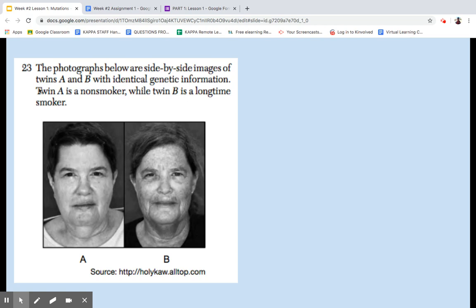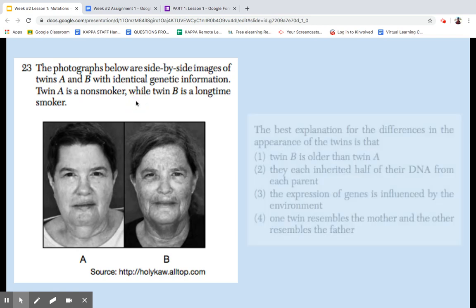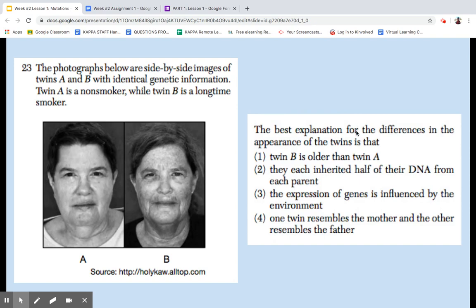If you look at pictures A and B, the twins look pretty different. It looks like they're related, but they don't look identical for sure. Now, smoking, we know, causes a lot of health problems. So, which of these would best describe why the twins look different?